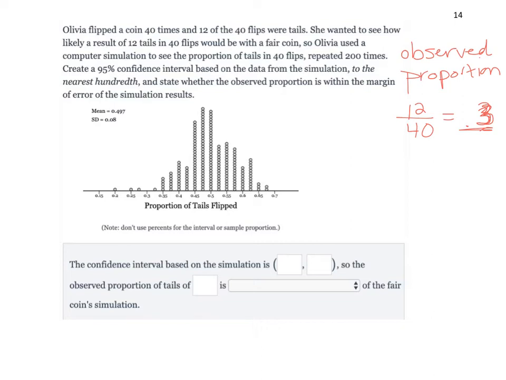So here it says Olivia used a computer simulation to see the proportion of tails in 40 flips repeated 200 times. So each of these dots is 40 flips. And there are 200 dots here. So we're going to create our 95% confidence interval.